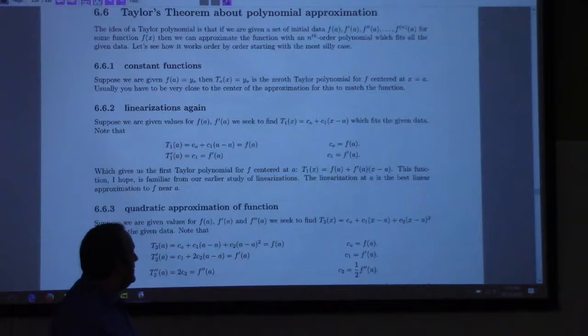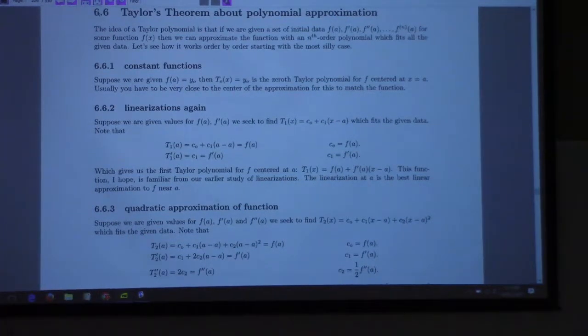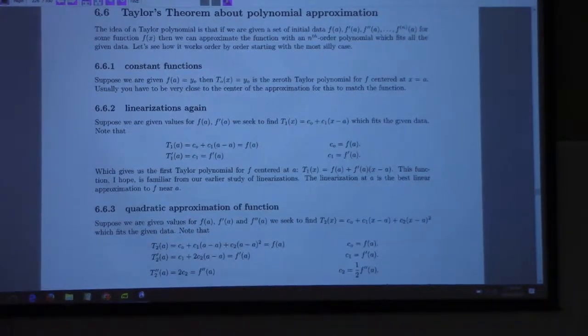Okay, so I want to just talk about what's called Taylor's theorem. We've done some of these calculations before, like if we wanted to find a polynomial which fit the value of a function at a and its derivative at a, then the natural choice is to make the constant the value of the function and the coefficient of x minus a the derivative, right?